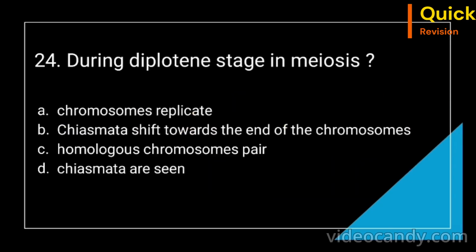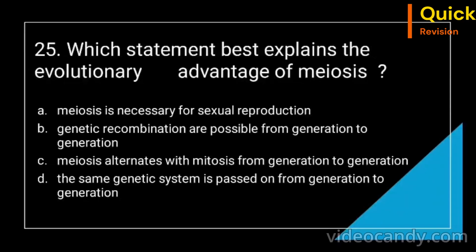24th question. During diplotene stage in meiosis, chromosomes replicate, chiasmata shift towards the end of the chromosome, homologous chromosomes pair, chiasmata are seen. The correct answer is option number B. The chiasmata shift towards the end of the chromosome. 25th question. Which statement best explains the evolutionary advantage of meiosis? Meiosis is necessary for sexual reproduction.